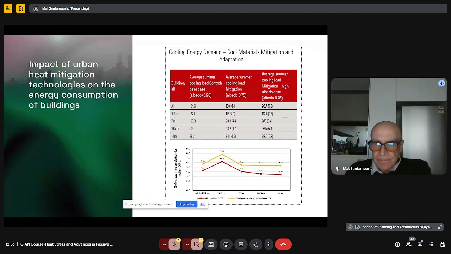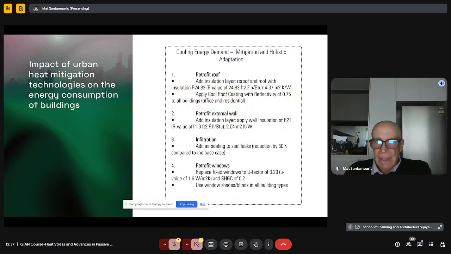But at the same time, we really wanted to calculate what will happen once we combine these mitigation technologies at the city scale with specific measures trying to improve the quality of the buildings.